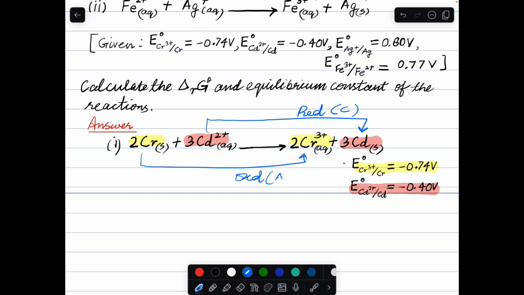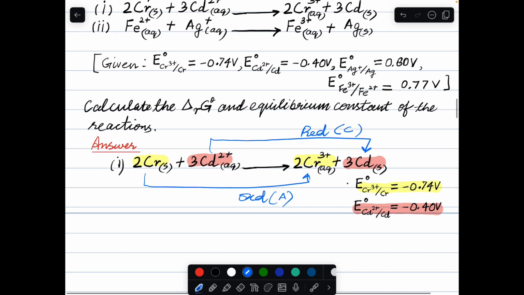Now in this case, one thing you keep in mind: from chromium atom to chromium ion, tri-positive ions are developed, so how many electrons are being lost? In this case 3 electrons, and since there are 2 chromium atoms, we will write here 2 into 3 electrons.